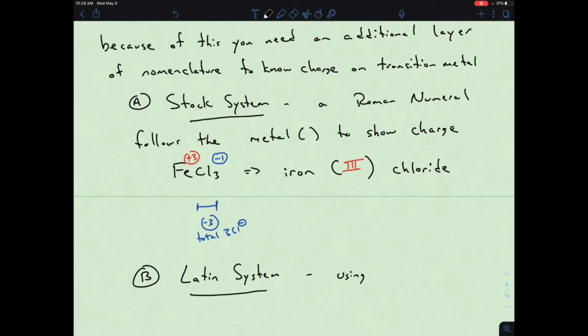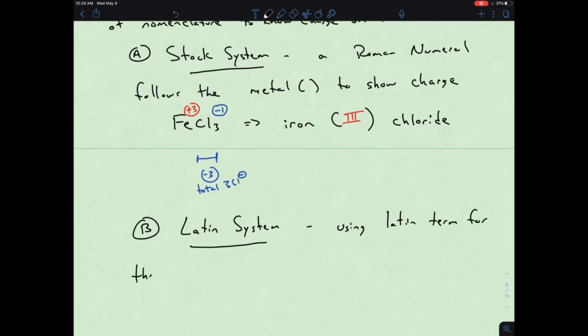And then basically using the Latin term for the transition metal. An -ic or an -ous suffix is added.